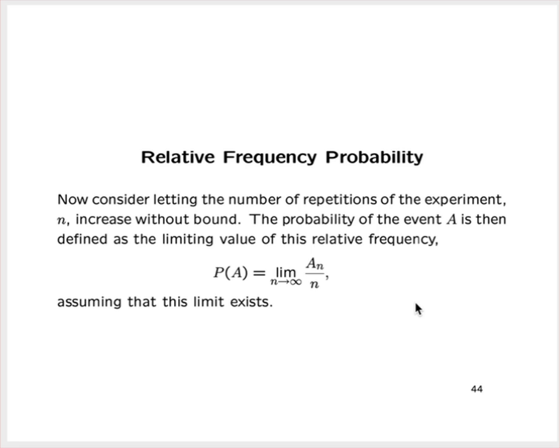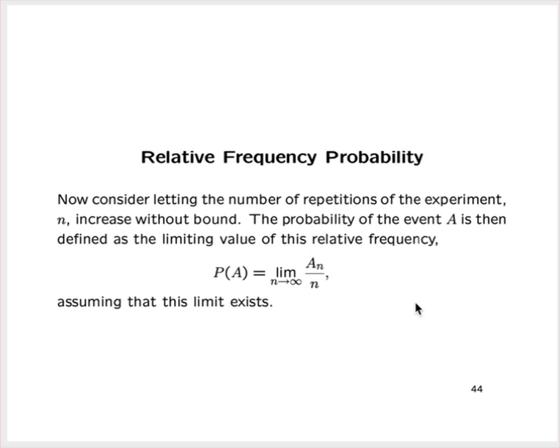And then if we think of extending that sequence of trials out to an infinite number of trials, and if that limit exists in terms of the relative frequencies, then that would be what we're defining to be the relative frequency probability of getting heads with that particular coin.